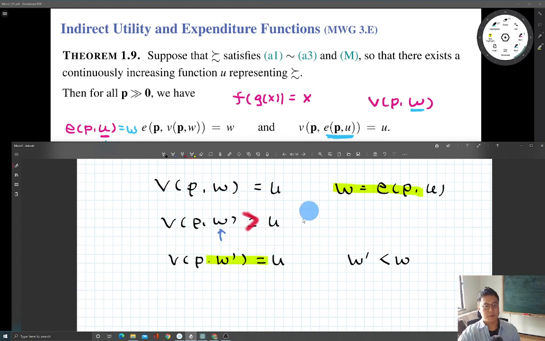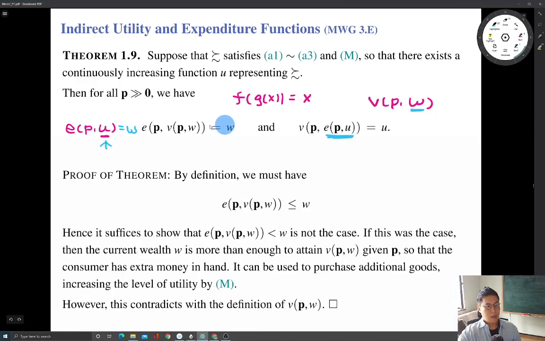That is a contradiction. So we have these two results. Indirect utility can be seen as the inverse function of E, and vice versa: the expenditure function can be seen as the inverse function of V. So the two value functions have an inverse relationship.